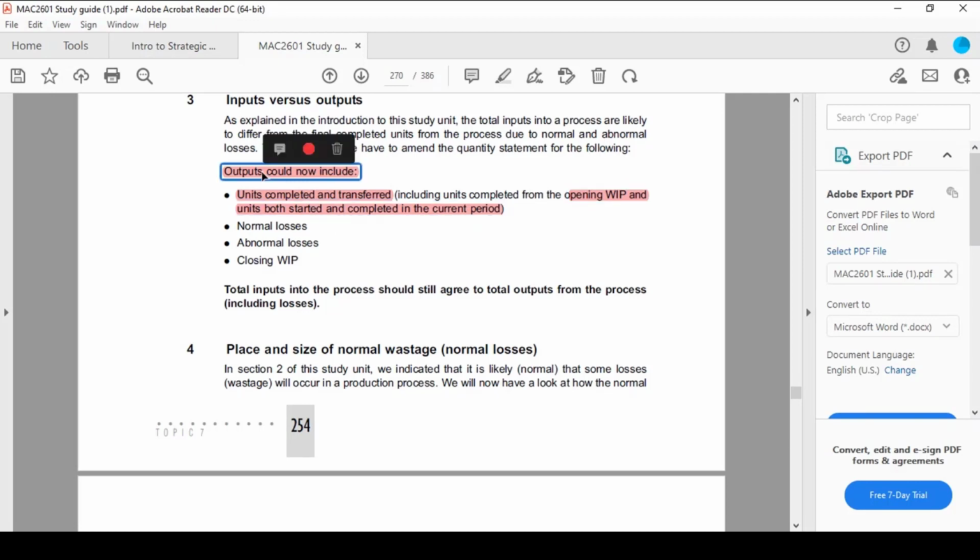So now, having this loss topic, under your outputs, you will now also include normal and abnormal loss. That's something that's different, because the other part was units completed and transferred and your closing WIP. Now there's two things that we add, which is normal loss and abnormal loss.